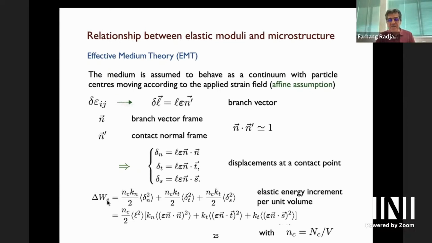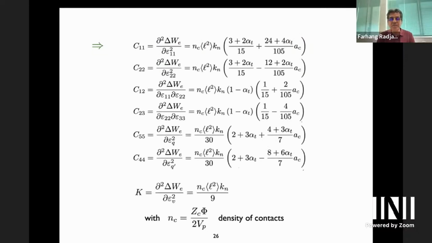From these displacements, we can write down the elastic energy increment per unit volume, which is written here, in which we have the values of the three stiffnesses, the normal stiffness and the tangential stiffnesses, and using NC, which is the number density of contacts, the number of contacts per unit volume.